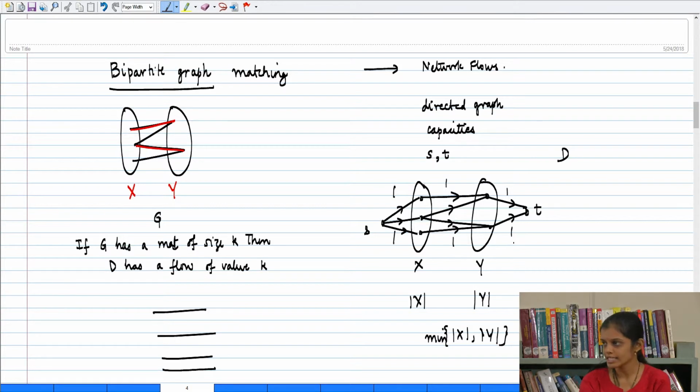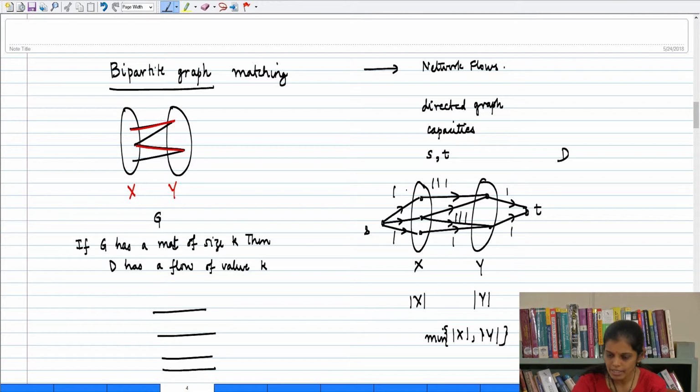Flow along all these edges in the corresponding directed network is exactly equal to 1. But is that okay? Is that sufficient? So what you are saying is you just send a 1 over 1 here, right? These were my edges. This is what you are saying. But I claim that this is not a valid flow function, right?